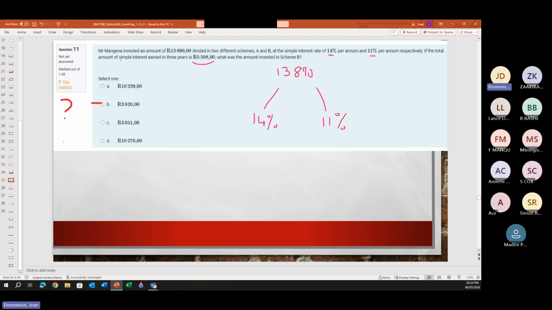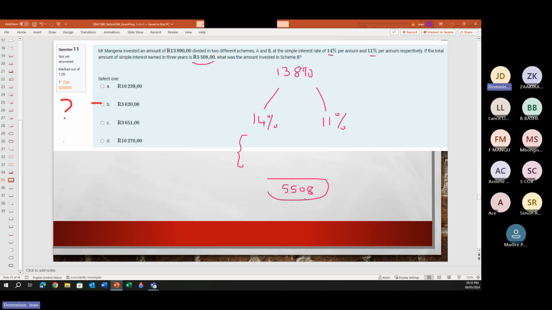If the total amount of simple interest earned after 3 years is 5,508, do we know how much was invested in scheme B?